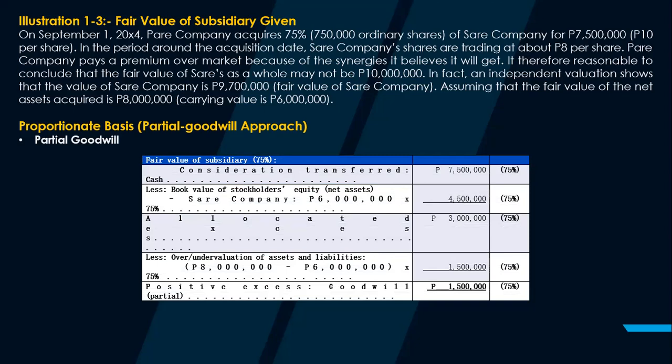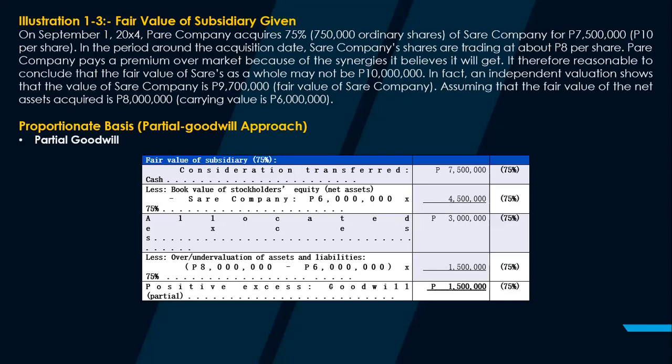It is therefore reasonable to conclude that the fair value of Sari as a whole may not be 10 million. In fact, an independent valuation shows that the value of Sari Company is 9.7 million fair value, assuming that the fair value of the net assets acquired is 8 million, the carrying value is 6 million.